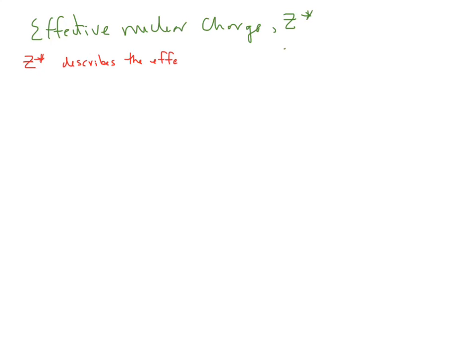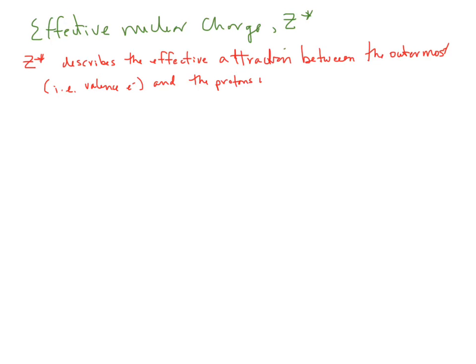Z star describes this attractive force between the valence electrons, the outermost electrons, and the protons in the nucleus. And actually, it's a little subtraction that can be calculated. I'll post this slide too, but you can take notes too. It's a quick and dirty little subtraction.